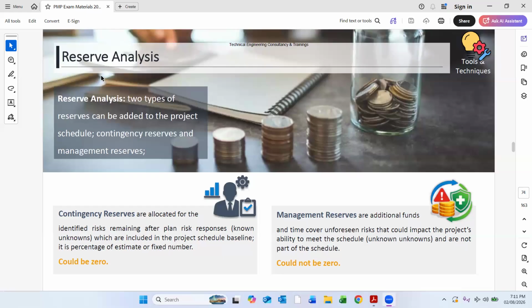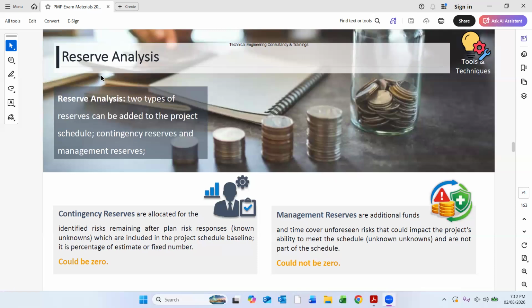Especially for risks such as force majeure, some emergency, HSE related risk in the project, or maybe a global impact. So these reserves are kept as management reserves. This is called unknown unknown. But the contingency reserve is known unknown.